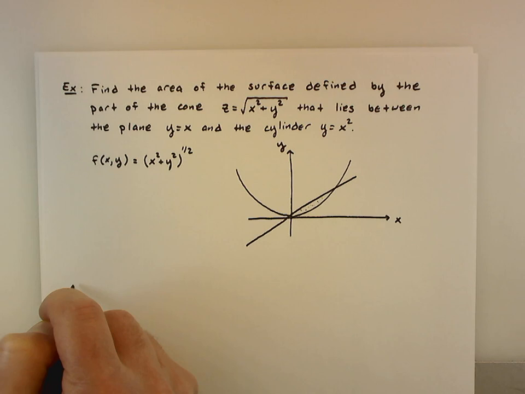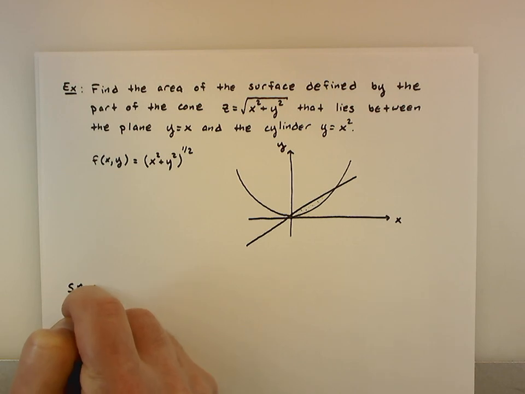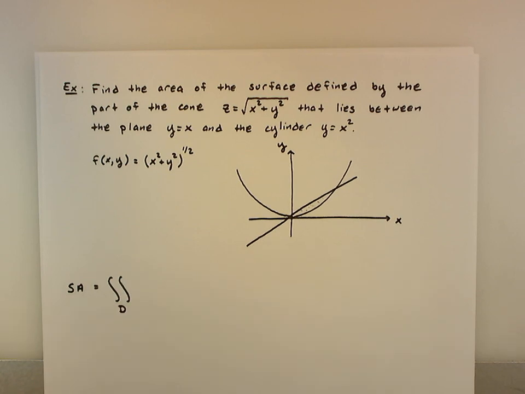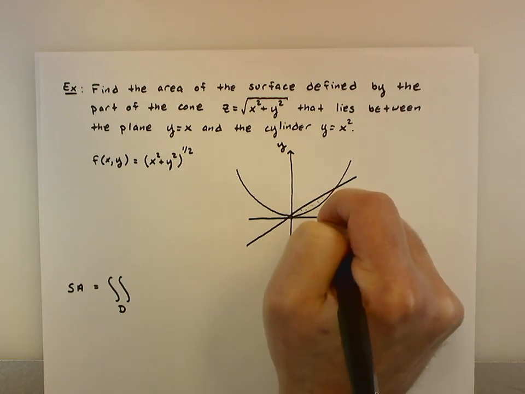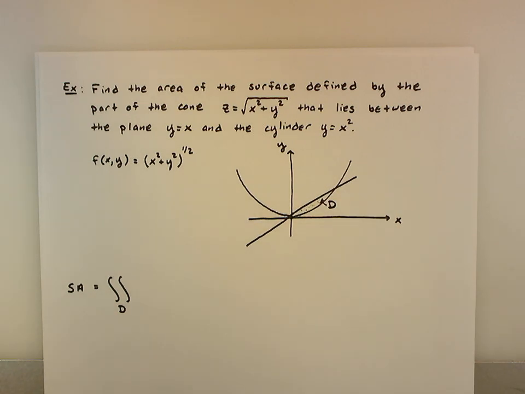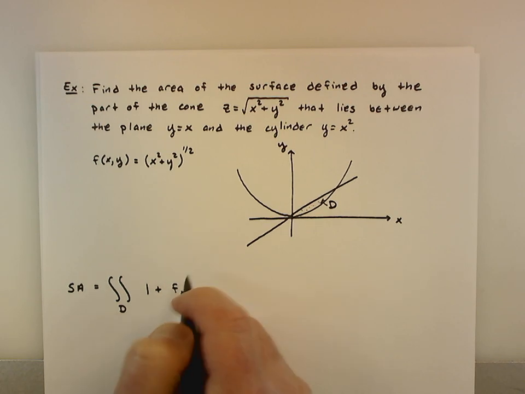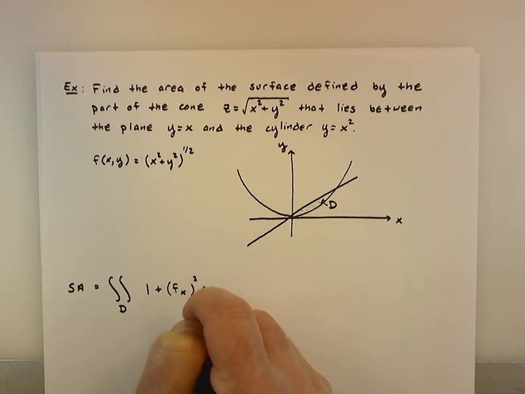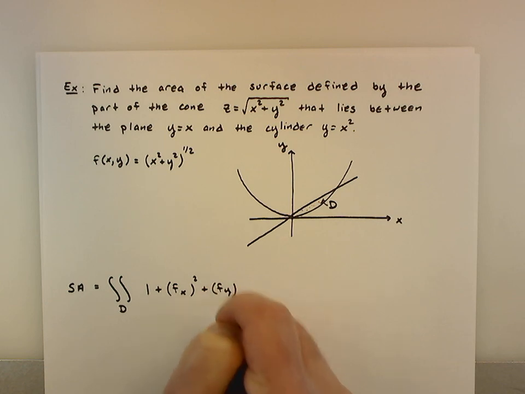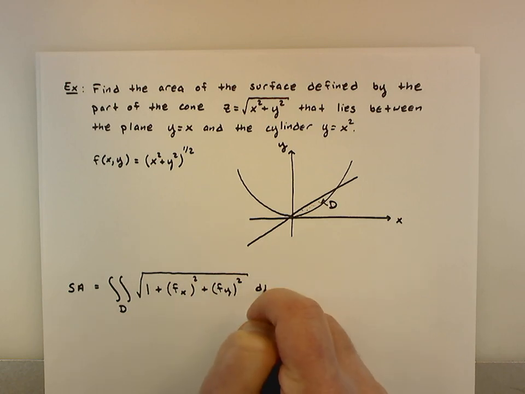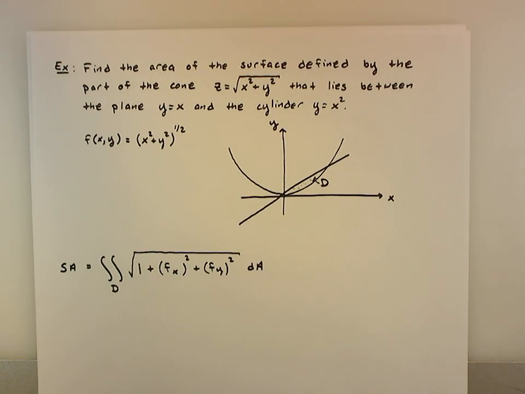So surface area is going to be the double integral over the region D, and D is this region here, of the square root of 1 plus the partial of f with respect to x squared plus the partial of f with respect to y squared, multiplied by dA.